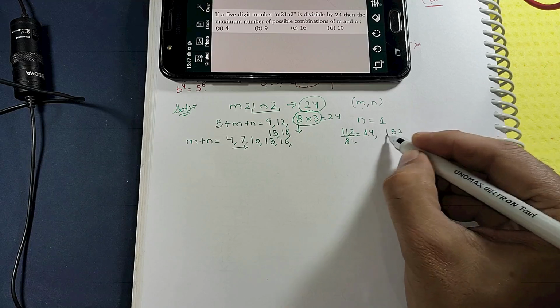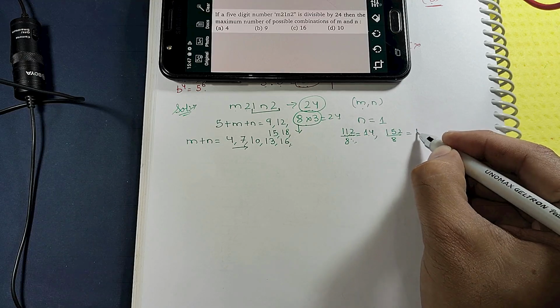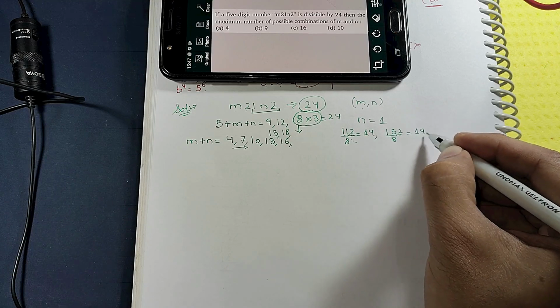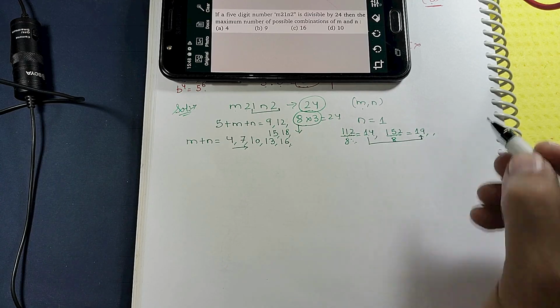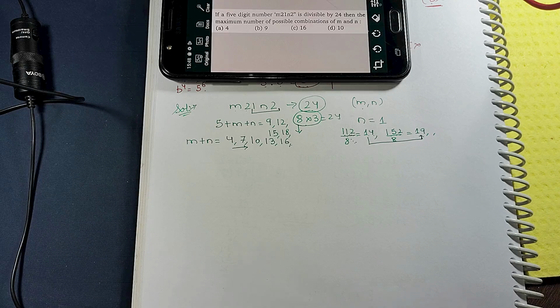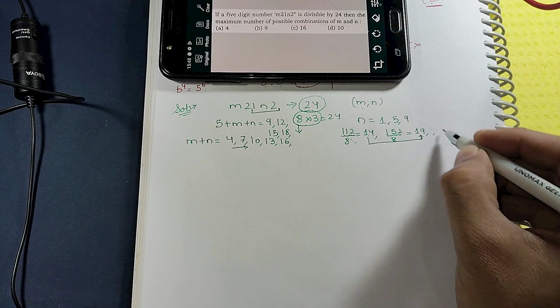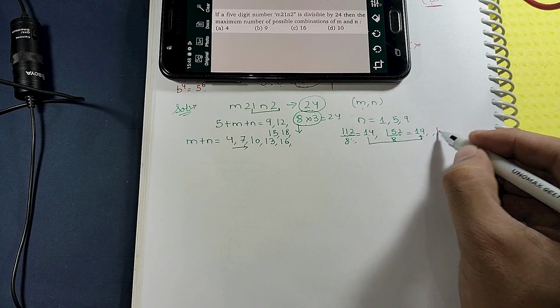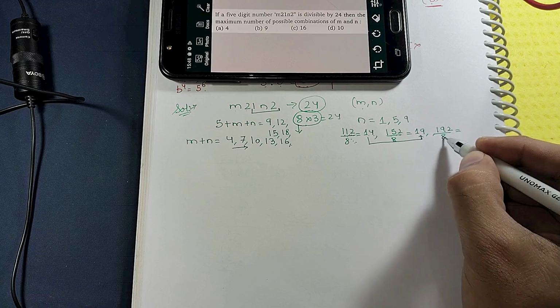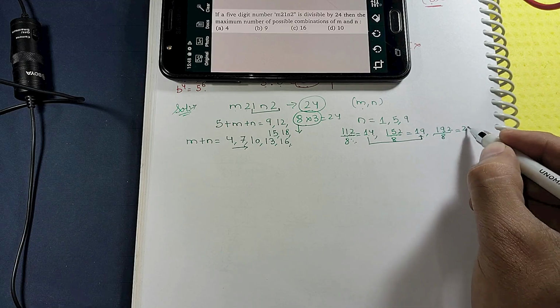So I will write 152 divided by 8, so this is 8 1 and then 7 minus 8, 9, so 19. So next will be with the 24, so that means next will be 1 5 and next will be 9. How 9, and so that will be 192 divided by 8, 8 2 16, then 32, 24.